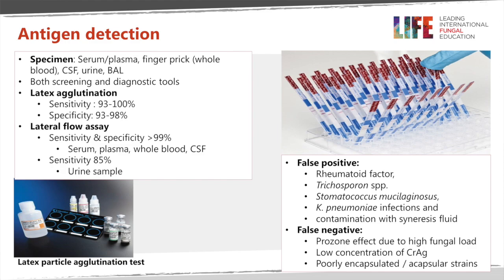There can also be false negatives if there's so much fungus there, so much antigen, that a so-called prozone effect can be seen, or conversely, a very low level of cryptococcal antigen. Let's not forget these tests are not amplification tests, so we may want to think about using an ELISA assay, which exists for picking out low levels of cryptococcal antigen. And of course, as I've said already, some strains of these yeasts are poorly encapsulated.